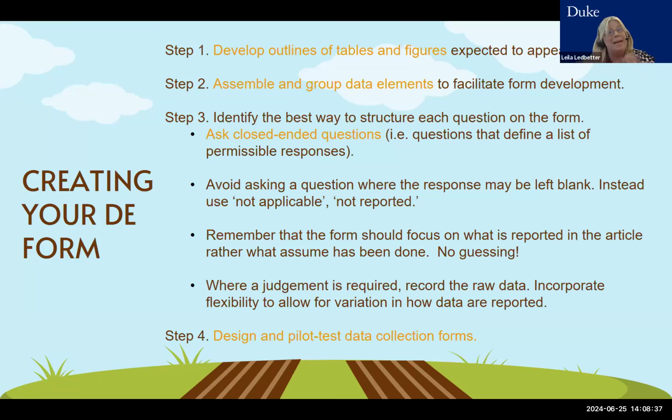The next big piece of advice I always give is making sure on their data form to ask close-ended or limited answer questions. So a list of responses: North Carolina, South Carolina, Georgia, a yes or no, a really specific number, and not just big open text blocks.